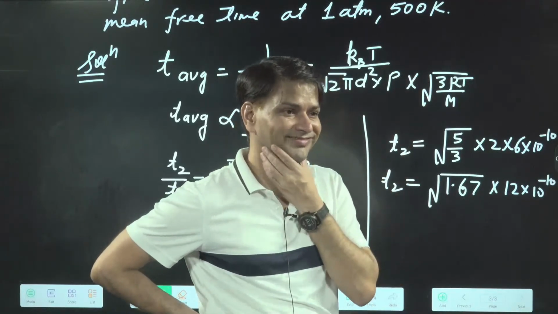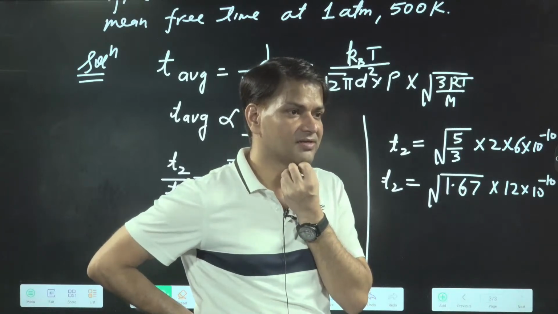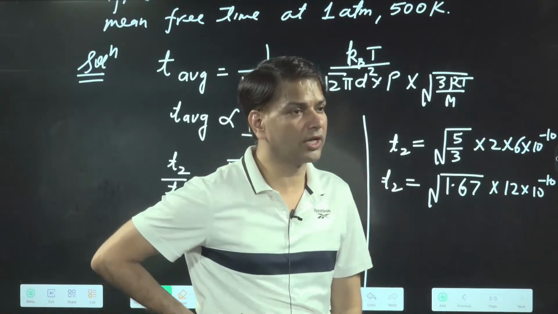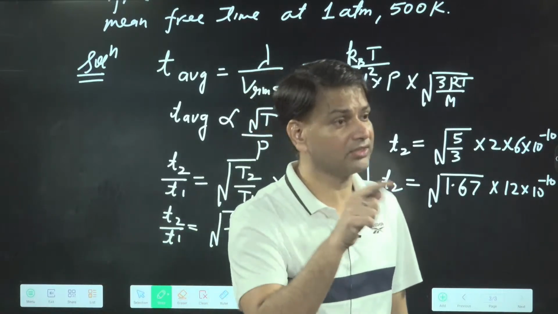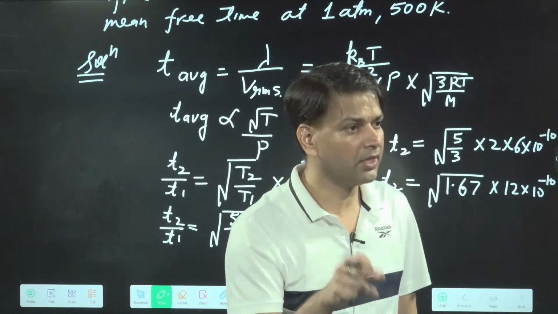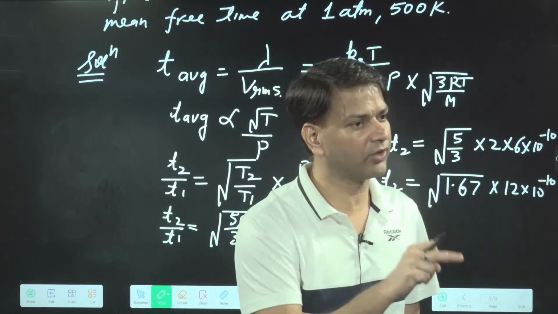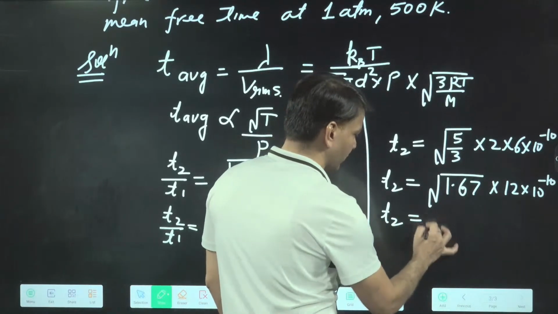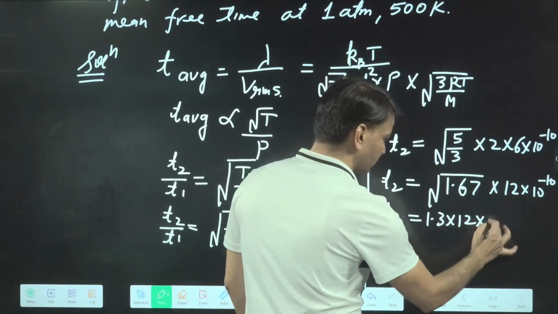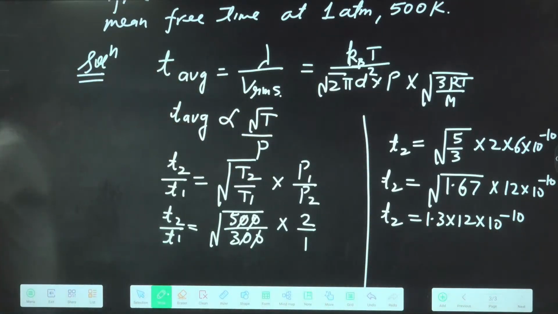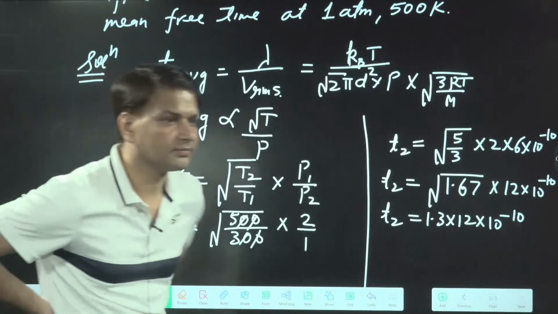I need the root of 1.67. 1.69 is the square of 1.3, since 169 is the square of 13. So 1.67 approximately we can write as 1.3. 1.3 into 12, directly you will get the answer. So T2 you will get 1.3 into 12 into 10 to the power minus 10. Everybody got the answer or not?